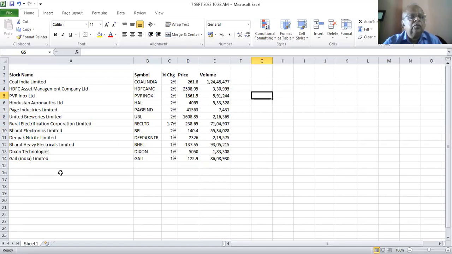These are the stocks which are trending today, means which have the potential to give a good up move on a short-term basis or even in the intraday also.